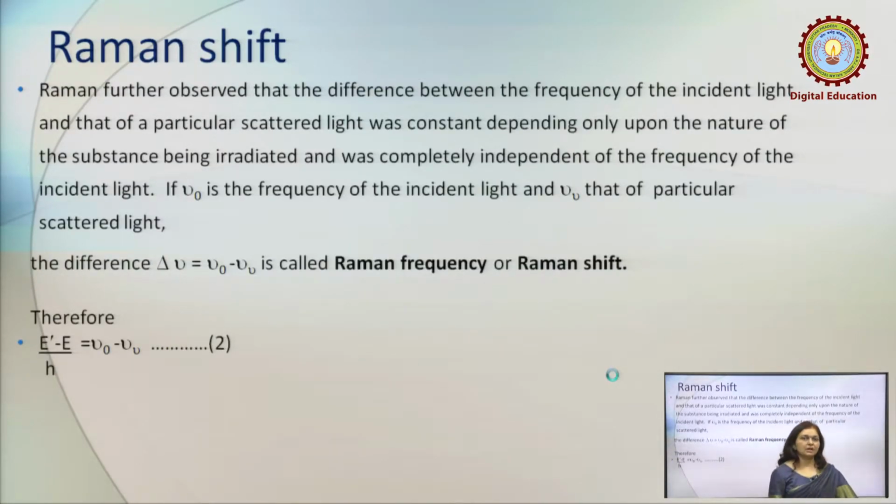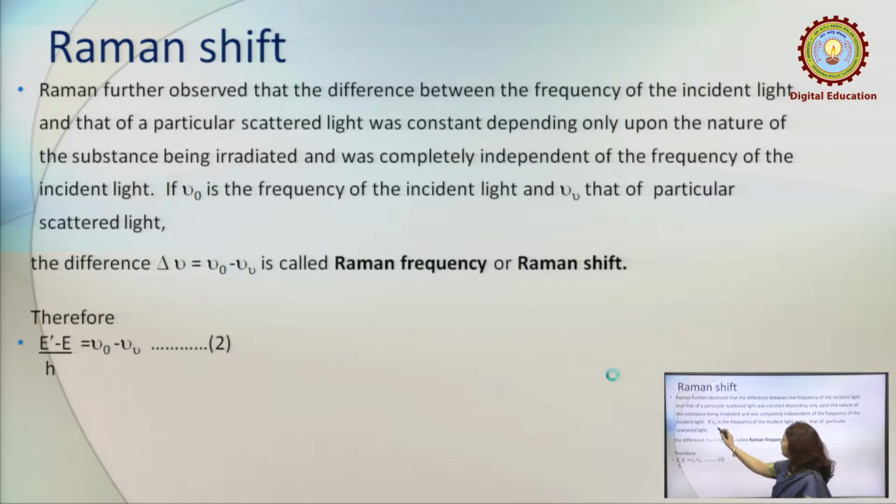Now, Raman also explained the phenomenon of Raman shift. Raman further observed that the difference between the frequency of incident light and that of the particular scattered light was constant, depending only upon the nature of the substance being irradiated and completely independent of the frequency of the incident light.